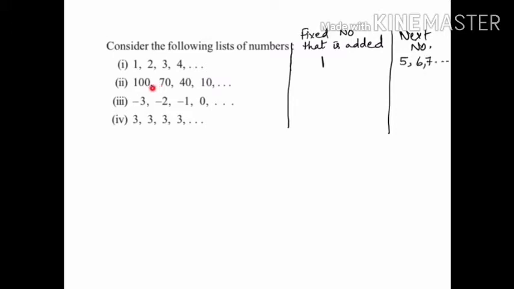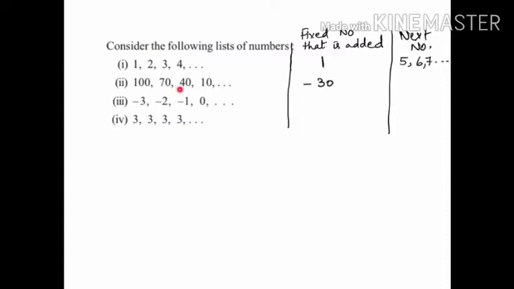Look at the second pattern. The first number is 100, the second number is 70, third is 40, fourth is 10. So we see that the numbers are decreasing by 30. So the fixed number that is added in this is minus 30.